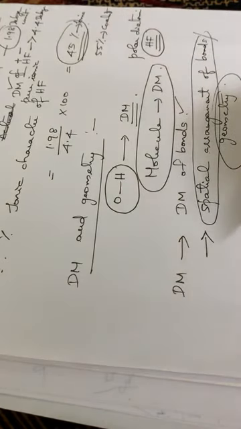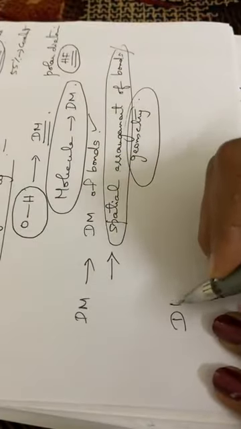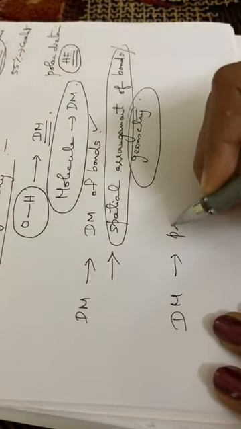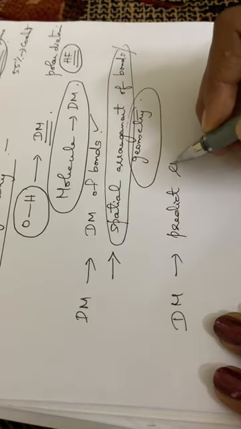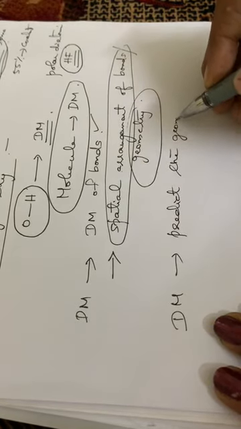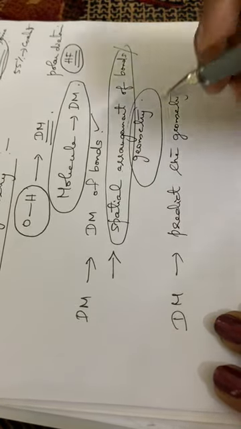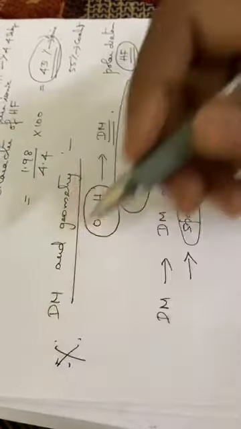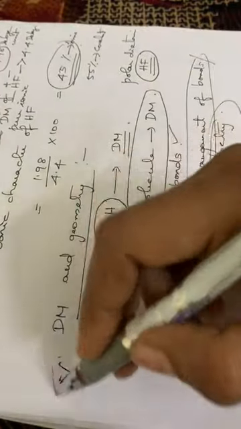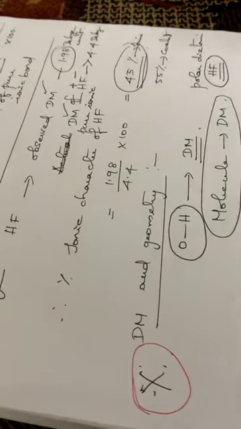Okay, so we can say that dipole moment will help to predict the geometry of the molecule. So this is very, very important. Dipole moment helps to predict the geometry of the molecule as well.